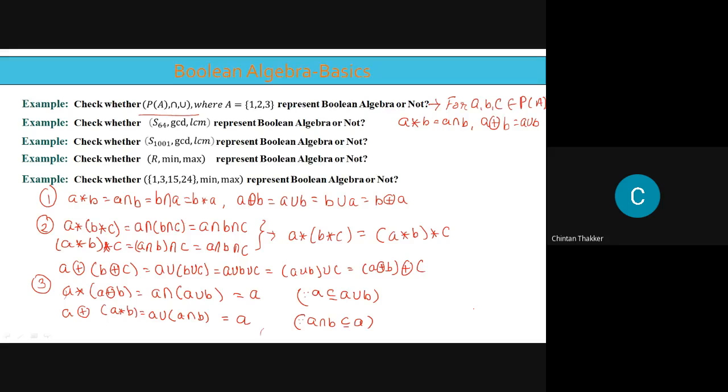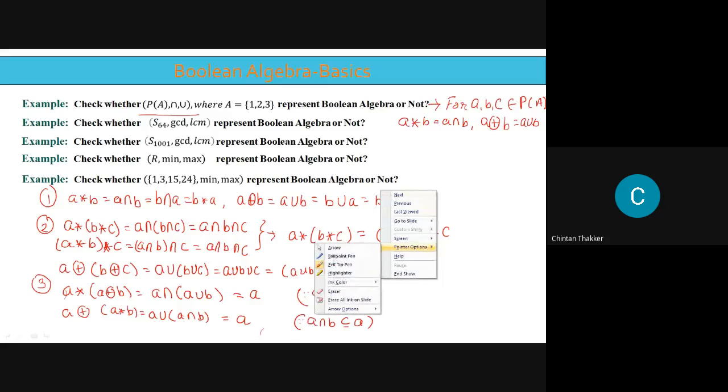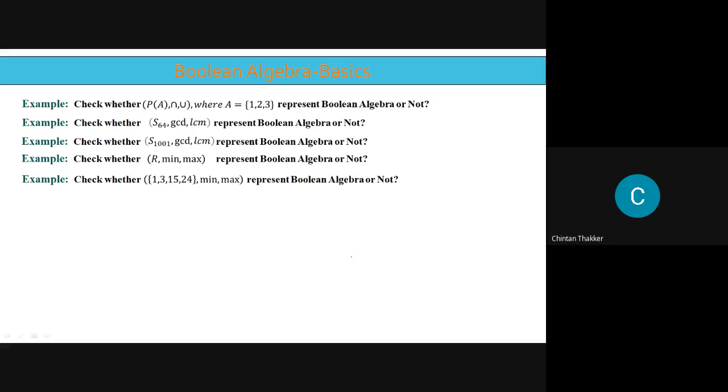Now we prove the next three properties. So here, now the next we have the fourth property. The fourth property is the distributive property.